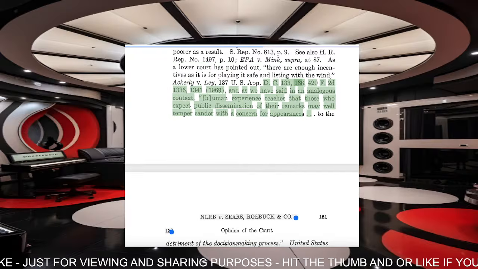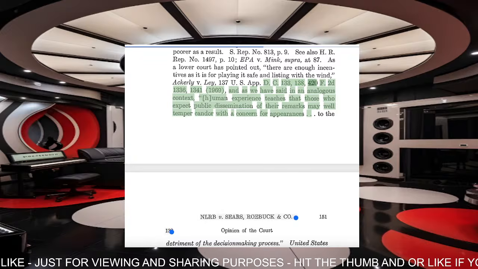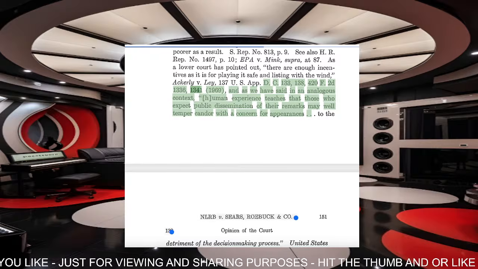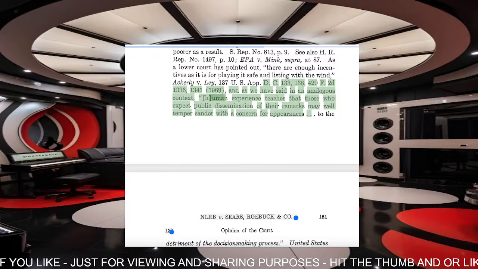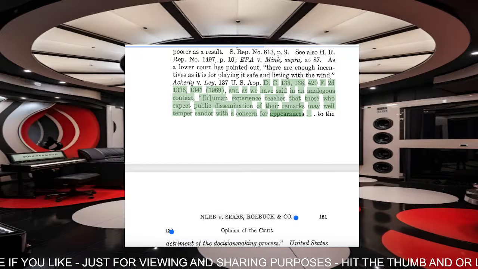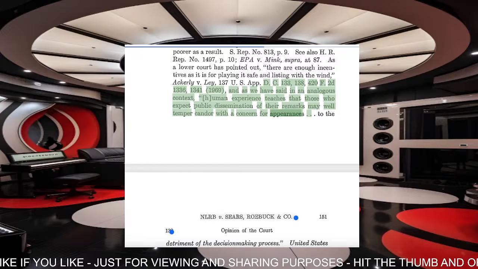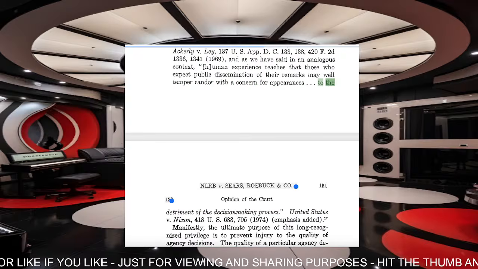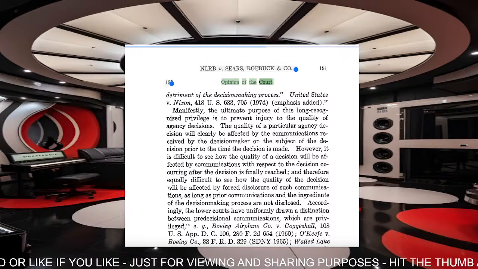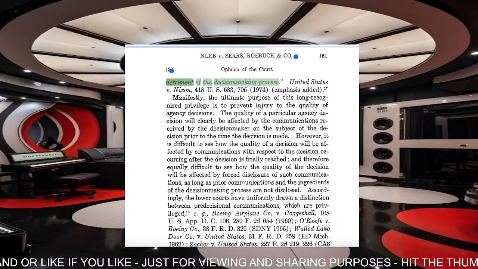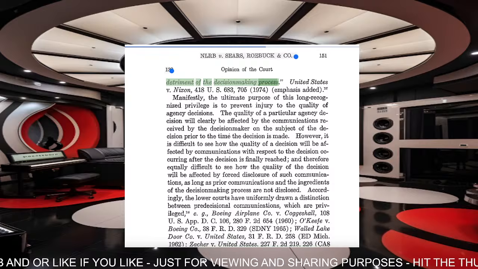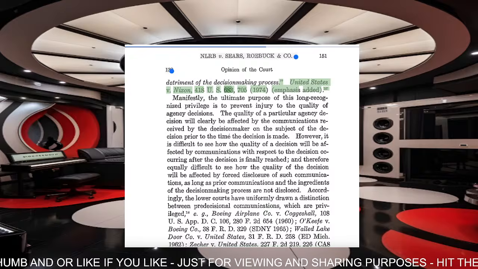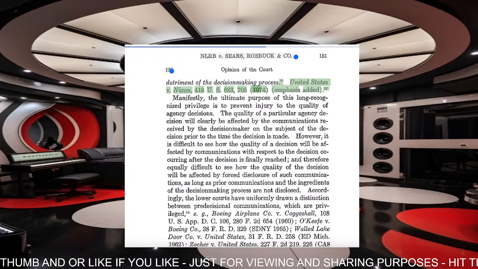D.C. 133, 138, 420 F.2d 1336, 1341, and as we have said in an analogous context, human experience teaches that those who expect public dissemination of their remarks may well temper candor with a concern for appearances, to the detriment of the decision-making process. United States v. Nixon, 418 U.S. 683, 705-17.